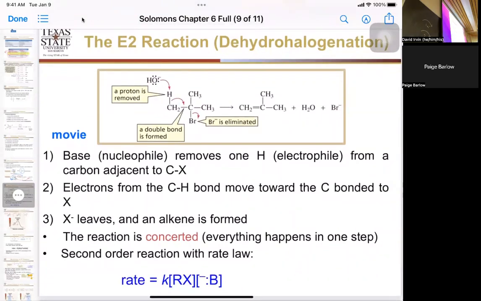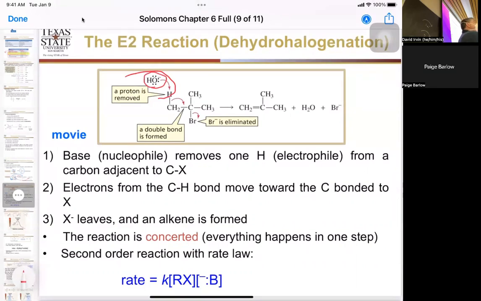Okay. So in the E2 reaction, we have to remove the hydrogen as the leaving group is leaving. So our base needs to come in on our beta carbon and start tugging on one of those beta hydrogens. When it does that, it's using its electrons to create a new bond with that hydrogen.